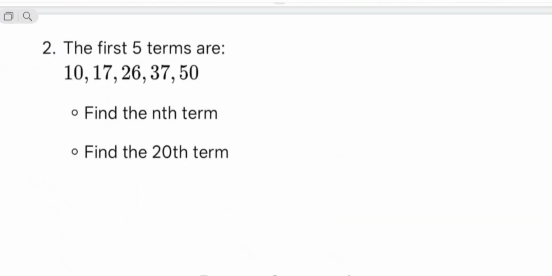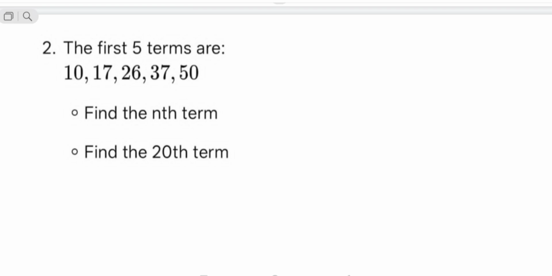Look at the second question. In the second question, they gave us 5 terms. So what is the first step? They ask you to find the nth term. We will do the same thing. We will find the second difference, because we are solving a quadratic. If the second difference is the same, this is quadratic.